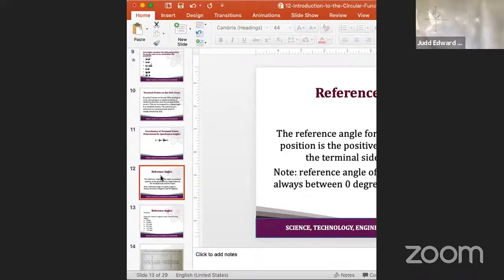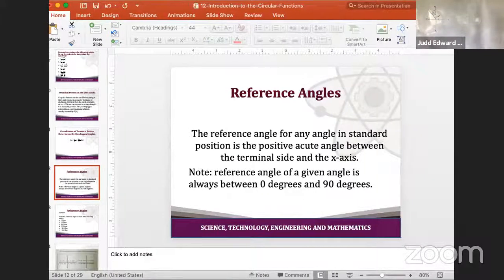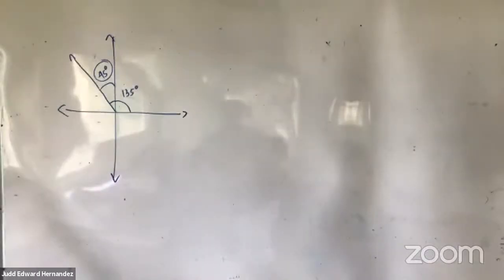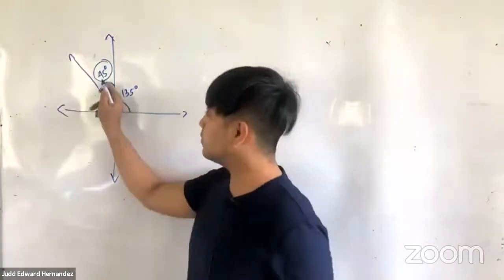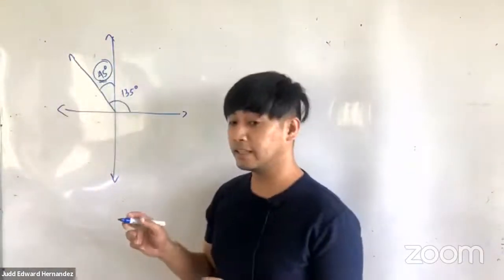So when we say reference angle, it is for any angle in standard position, the positive acute angle between the terminal side and the x-axis. Again, it should be between the terminal side and the x-axis. So yung pinakita ko ba sa inyo na 45 degrees is between the terminal side and the x-axis?